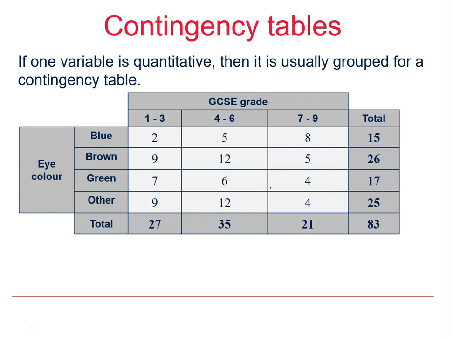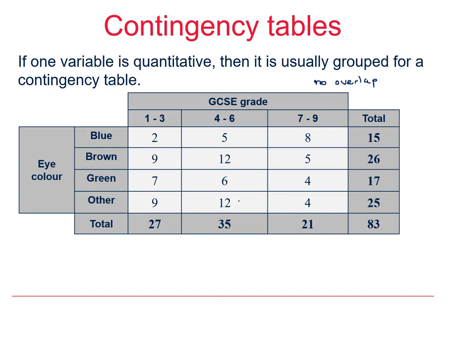So sometimes our data may be quantitative, but it could be grouped into categories. So for example, here we have GCSE grades, but we've grouped it into categories 1 to 3, 4 to 6 and 7 to 9. And notice that there must never be any overlap between the categories that you choose for categorizing the information that you've got.